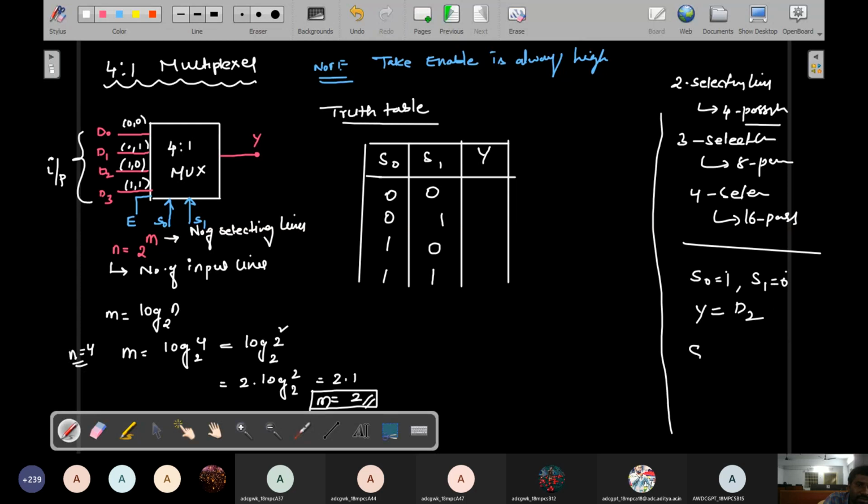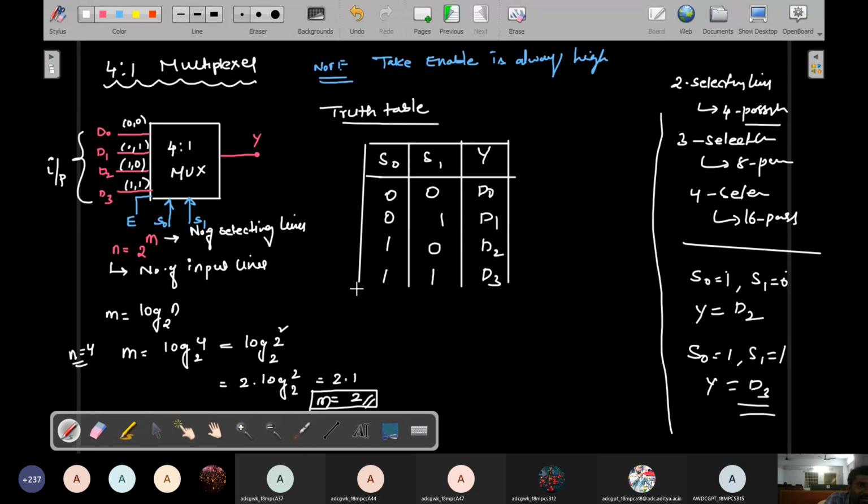If you give S0 equal to 1 and S1 equal to 1, your Y is directly connected to the last terminal, D3. So 0, 0 means D0. If you give 0, 1, your output is connected to the 0, 1 terminal, that is D1. 1, 0 means it is connected to D2, and 1, 1 means it is connected to D3.